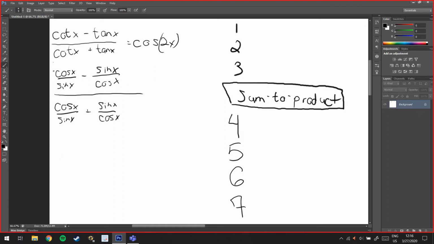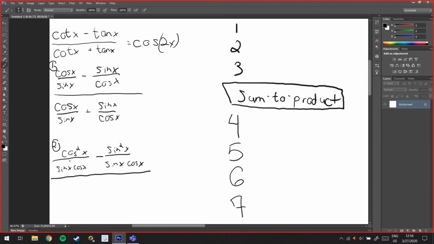So this is step 1. This is going to be step 2. Cosine times cosine is cosine squared x over sine x cosine x, minus, this is going to become sine squared x, so I have to multiply by sine, over sine x cosine x.